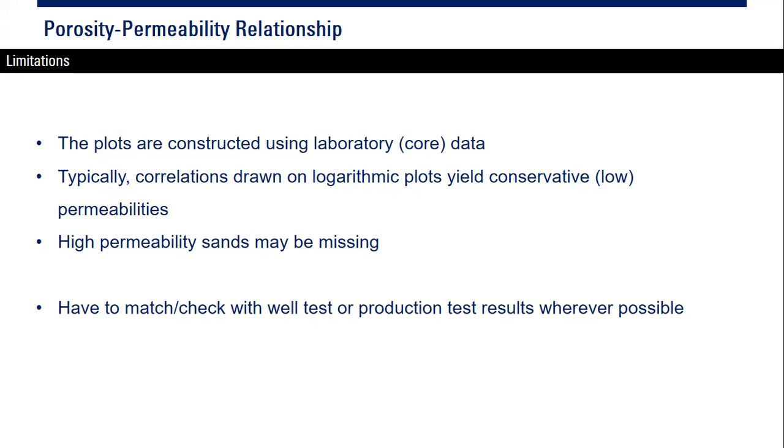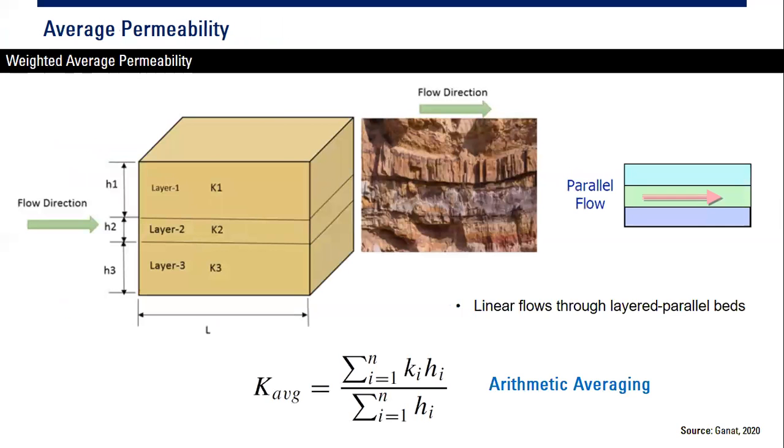So core measurement is not enough. Okay, we need to check the well test. We need to check the production, to confirm the conclusion from the laboratory or core measurement. And then the average permeability.